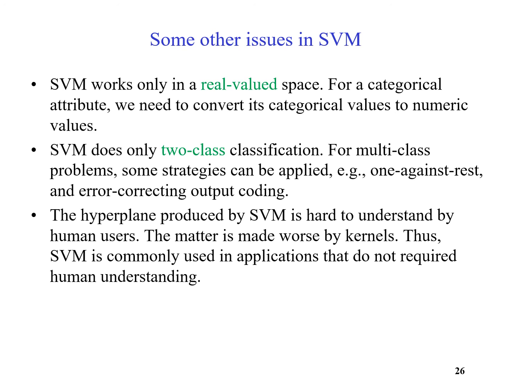So if your data is multi-class, non-binary, then there are a couple of strategies to solve it. For example, you can use one against rest or error correcting code. You can use either of these, or there are some others too. The basic idea of one against rest is, let's say you have three class values, then you have three SVM algorithms.